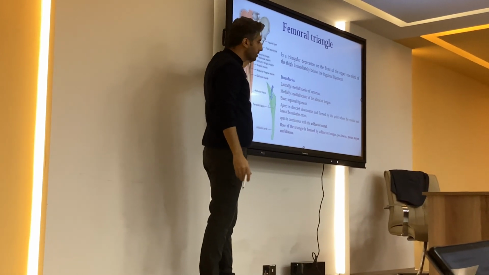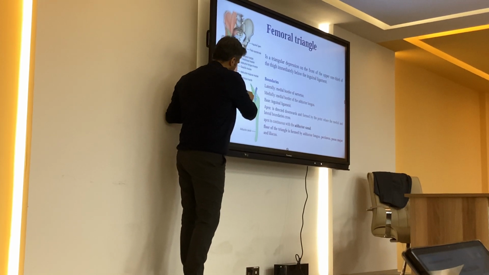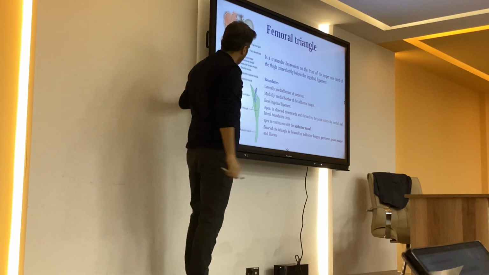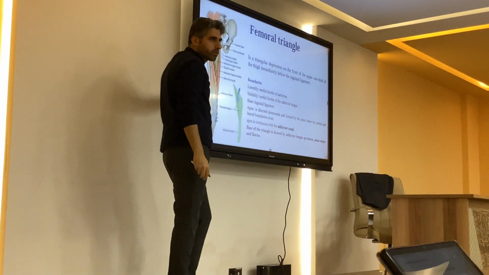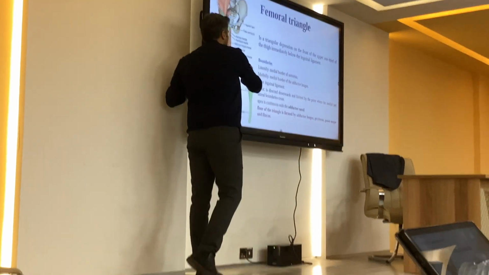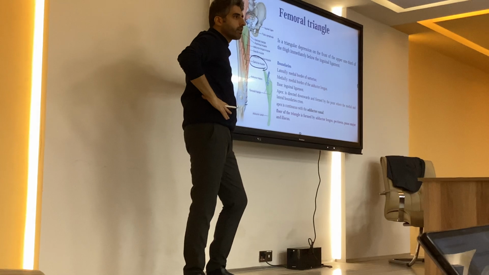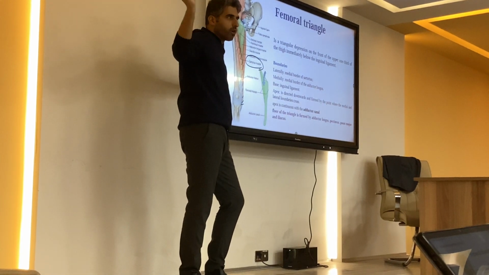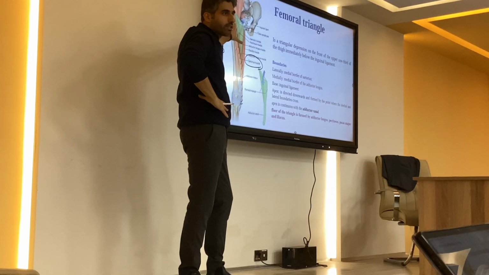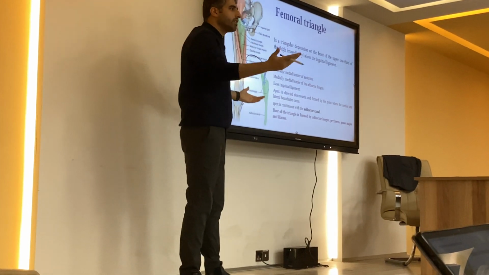Lateral border: we have this long muscle, the sartorius. In Farsi we say khayat, which is a job, a tailor, making clothes. Why this name?